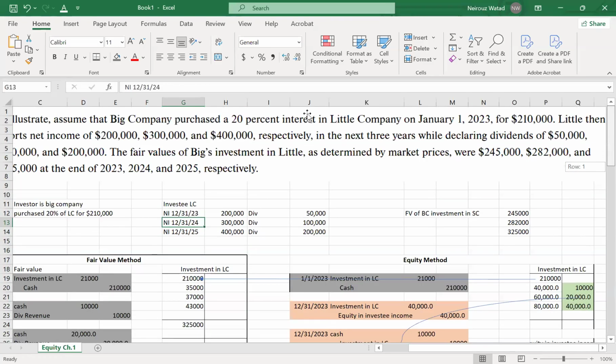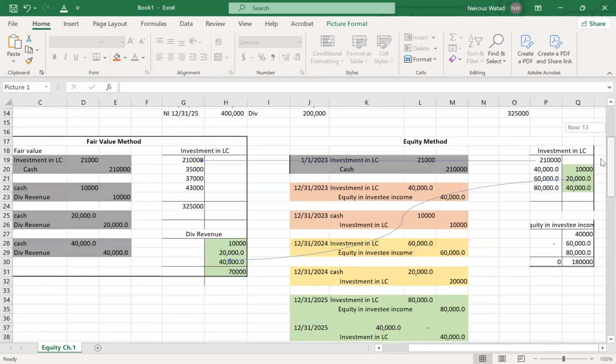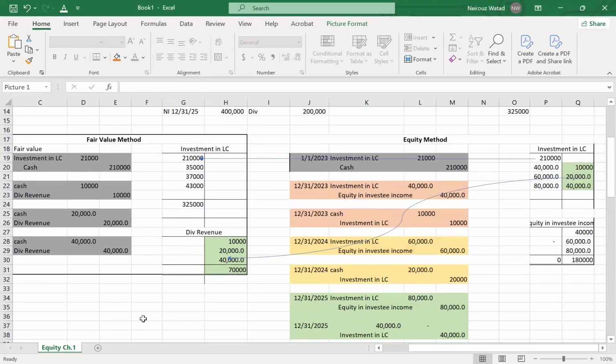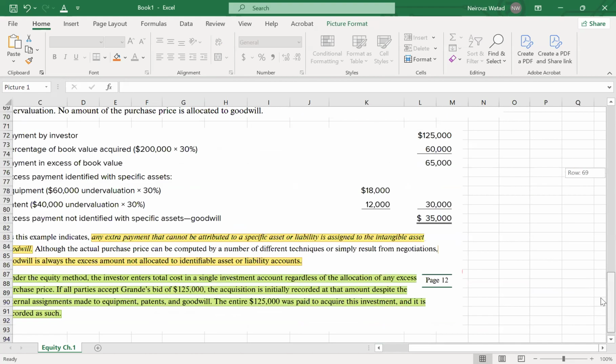So in Excel, I, for example, cut using, you can't copy from your book and paste, but you can use the snipping tool to copy or cut and paste. And then I read the solution and I solve it myself. I leave notes, and these are the arrows. I highlight certain entries in a color and the entries that are different in another color. You should decide on a way of studying.